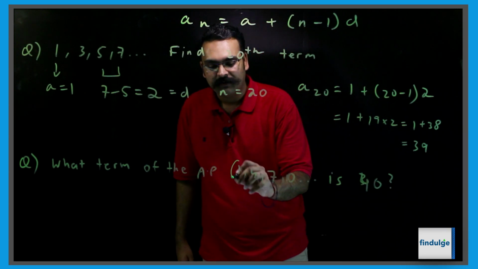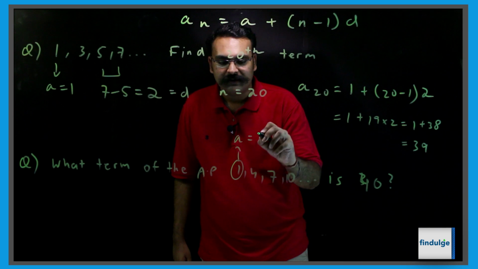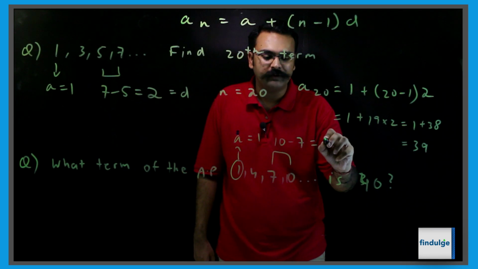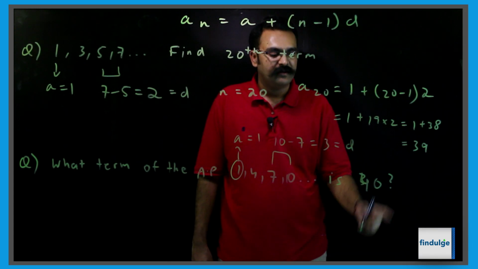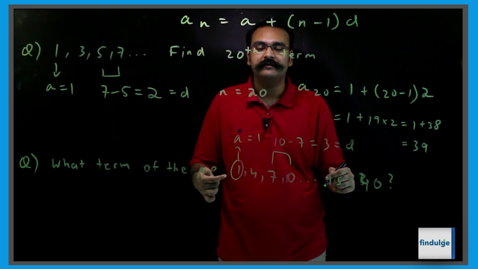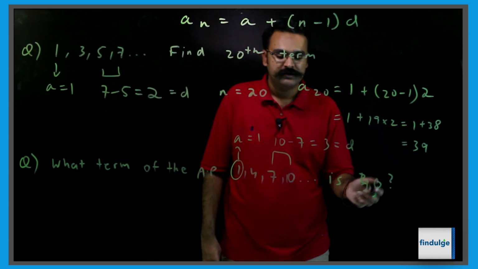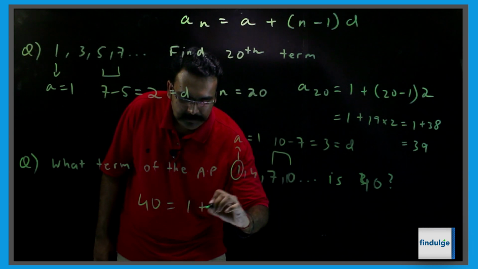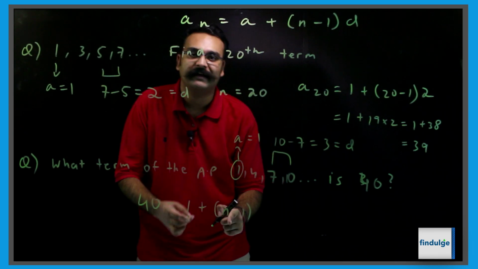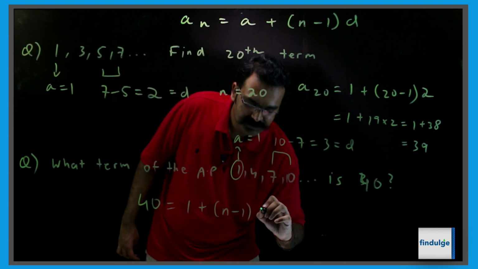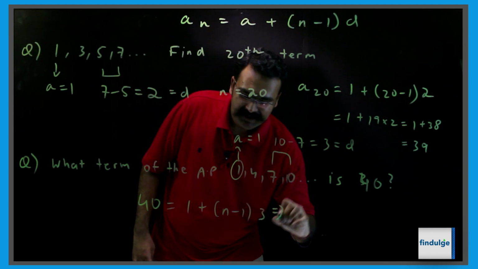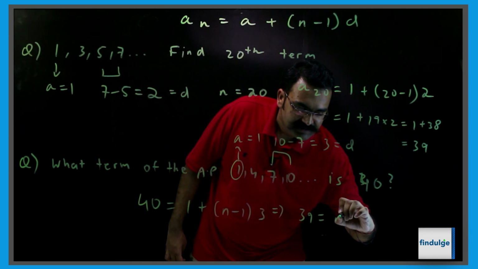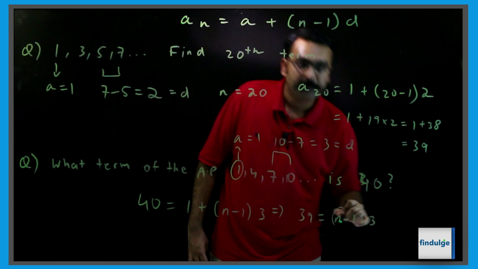So once again, A is simply equal to 1, D will be equal to 10 minus 7, 3, A n is 40, you want to find n. So we'll plug it into our formula. 40 is equal to 1 plus n minus 1, since that is what we don't know, into D, which is 3, which implies shifting the 1, subtracting it, 39 is equal to n minus 1 into 3.